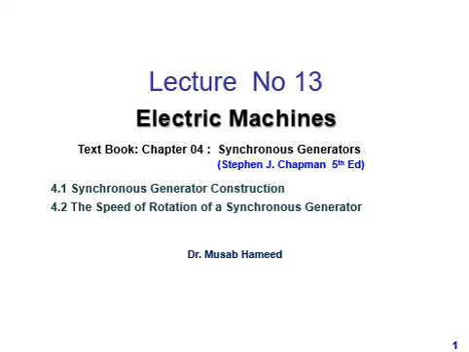Dear students, today we will talk about the synchronous generators. In synchronous machines, we will discuss the basics and introduction of synchronous generators, in which first of all we will study the construction of synchronous generators, and then we will also discuss the speed of rotation of a synchronous generator.